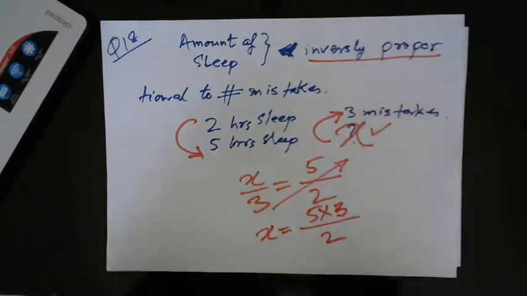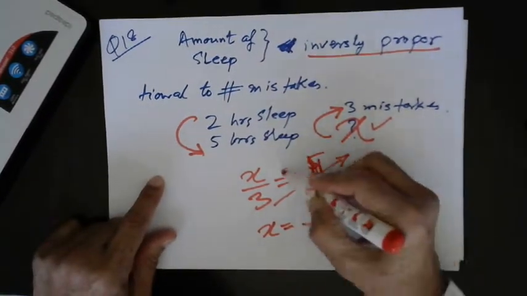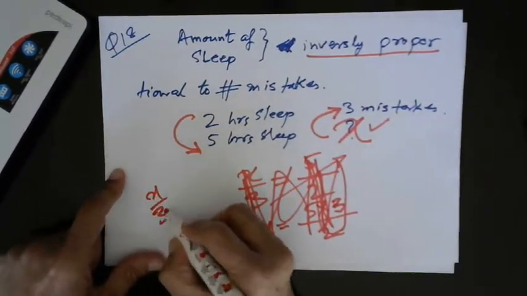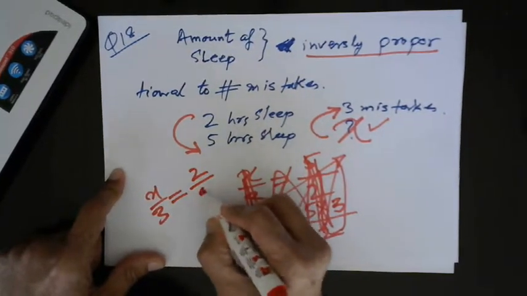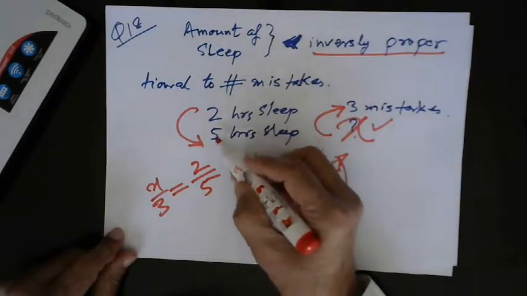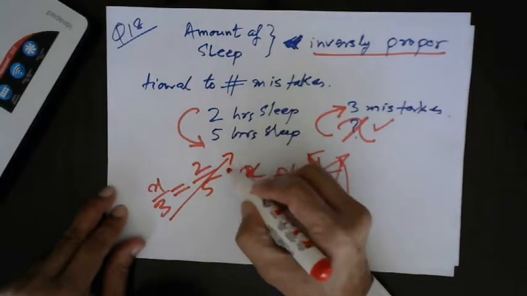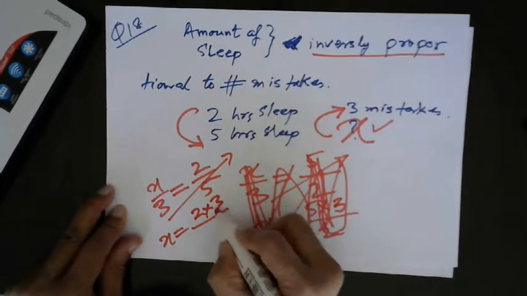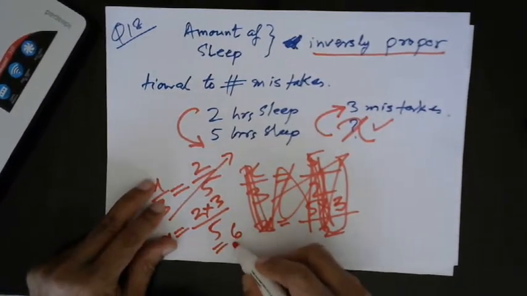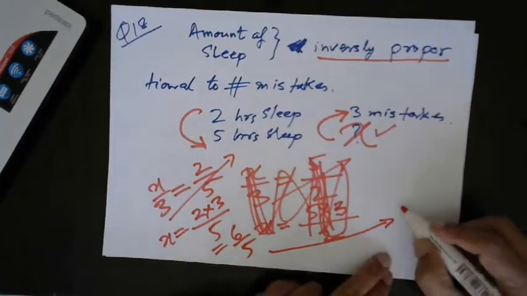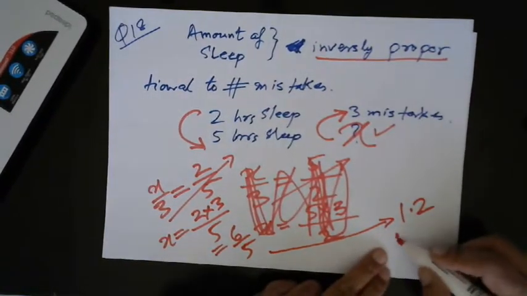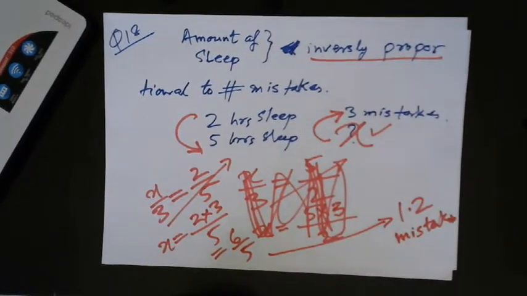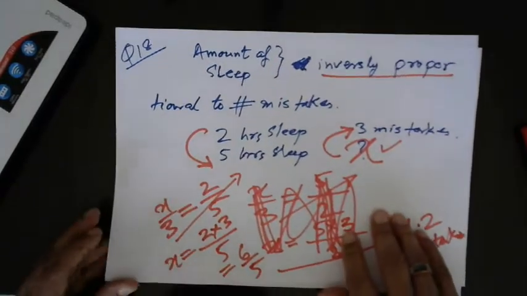So X divided by 3 is equal to 2 divided by 5, oh, this was my mistake, sorry. So I transfer 3 to the other side and I will get X is equal to 2 times 3 by 5, which is equal to 6 by 5, or if you like, you can write it as 1.2 mistakes on average. Okay, so that was question number 18.